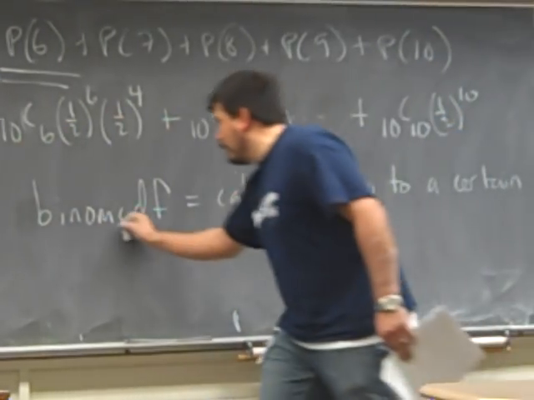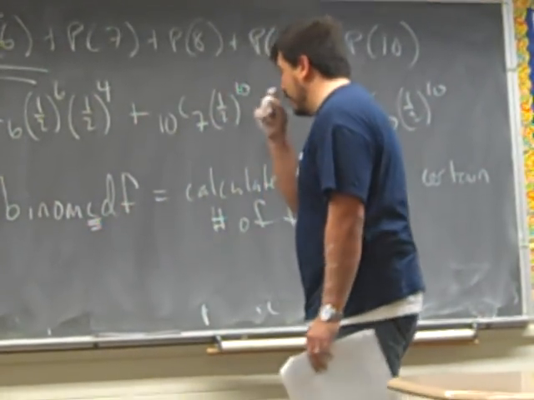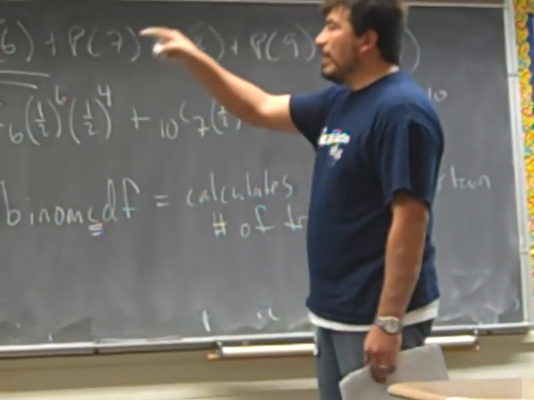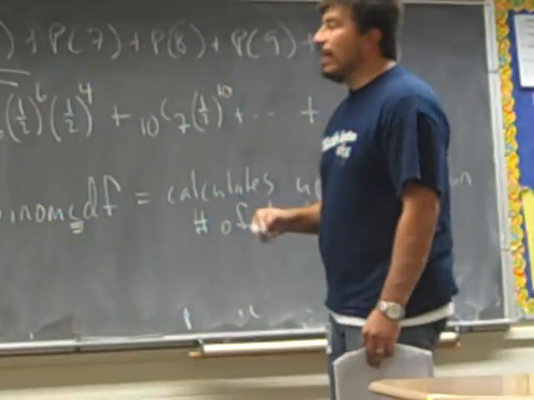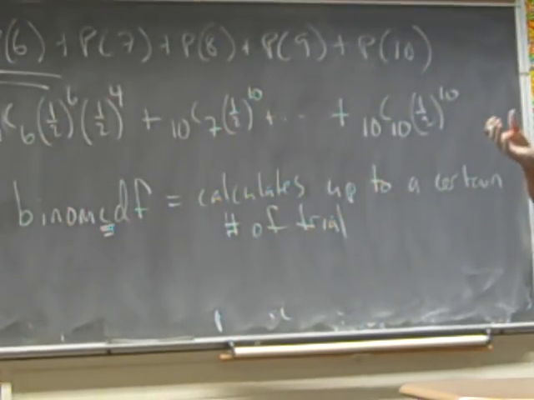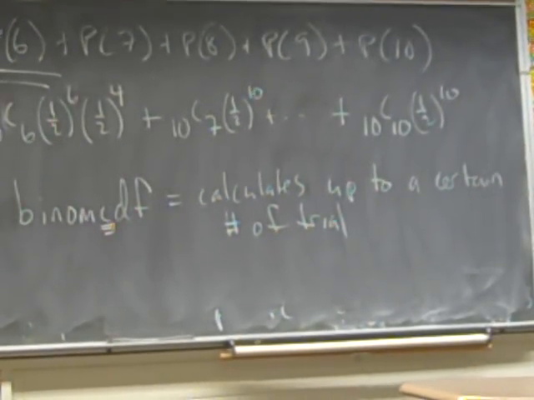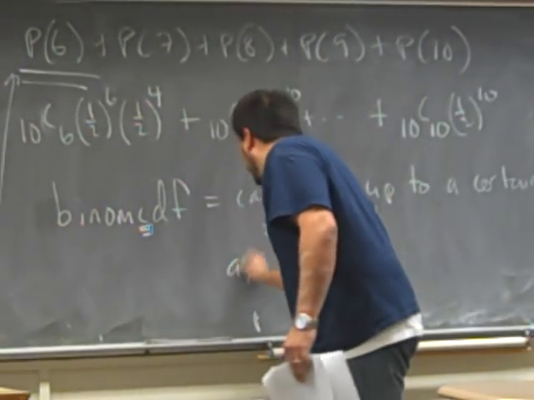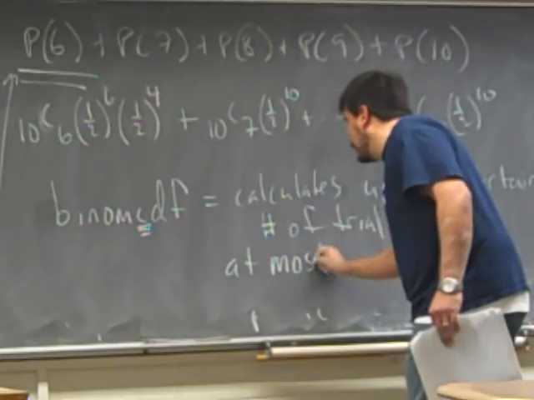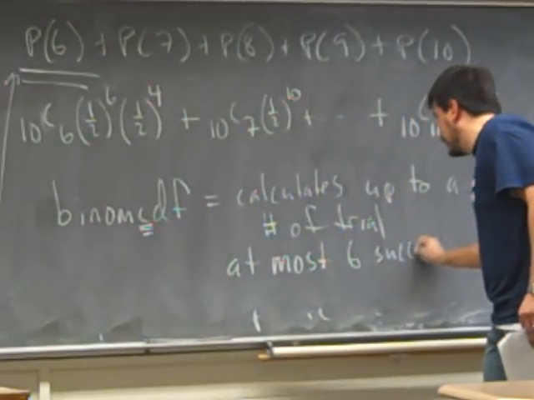So the C stands for cumulative. Okay? So if I actually did binom CDF 10, 1/2, 6, we're telling the calculator to calculate the probability of at most 6 successes. Does that make sense?